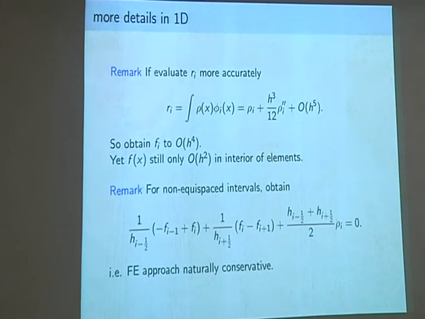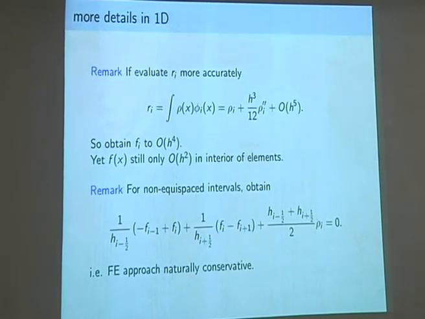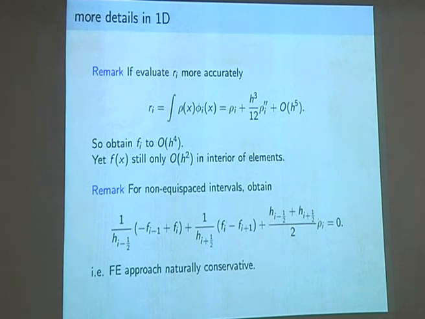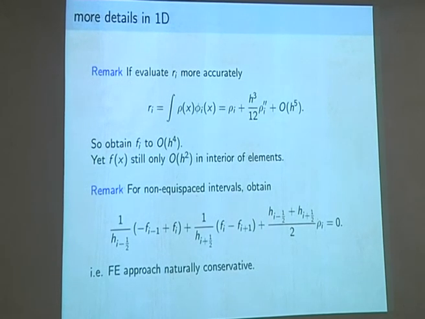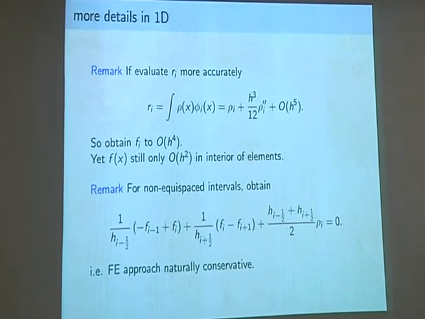And that turns out to be what we would have got if we'd made a conservative finite difference scheme. So it's telling you that finite elements, when we always use non-equispaced intervals, is a conservative system. It gives you a globally conservative formulation.